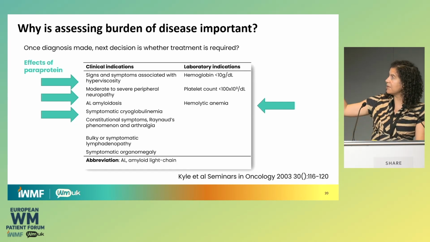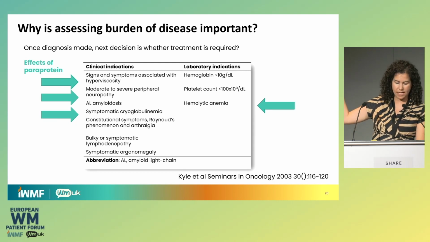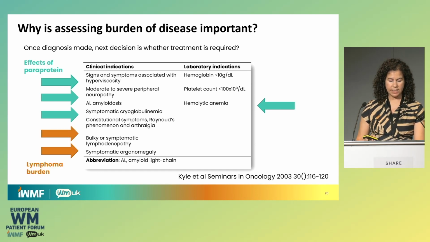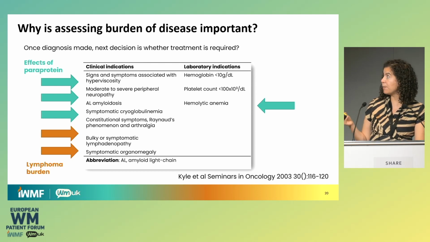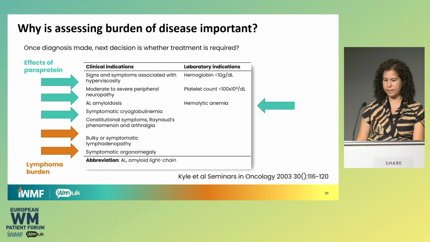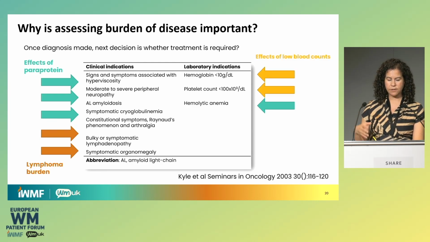Some of them are related to the paraprotein, so if your paraprotein is causing problems like hyperviscosity or complications, then we would potentially want to reduce the burden of disease to improve those complications. Similarly, some of them can be related to the lymphoma burden, so if you've got very bulky lymph nodes, so lymphadenopathy is enlarged lymph nodes, or an enlarged spleen, then that might be a reason why you need treatment. And similarly, if you've got symptoms related to your low blood count, so the bone marrow being affected, then we may want to treat there.